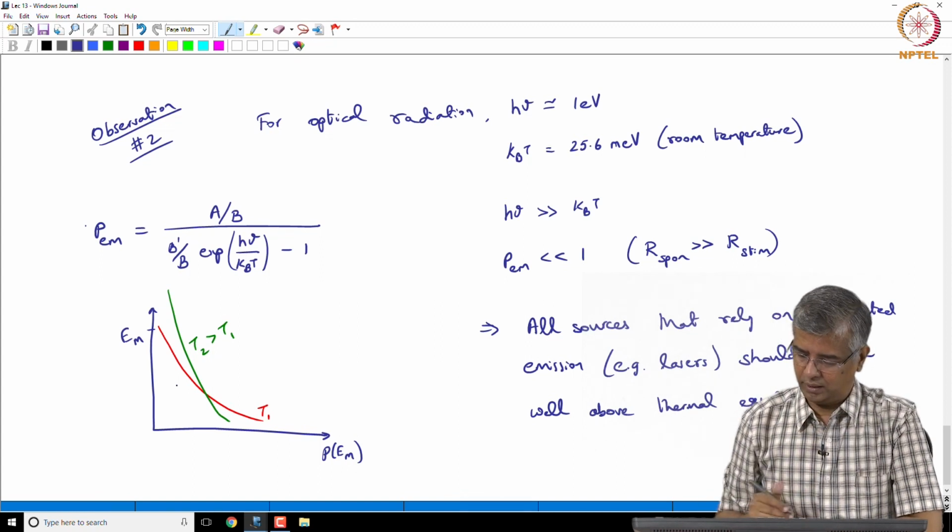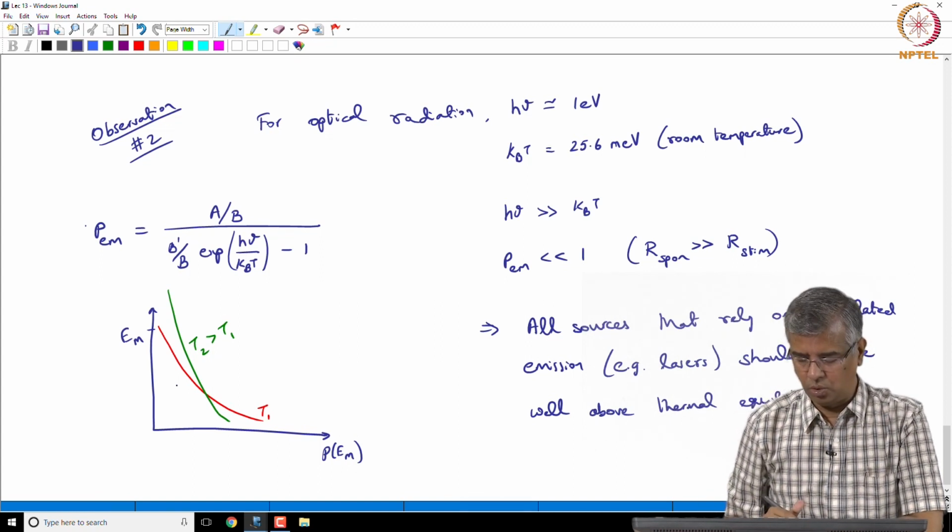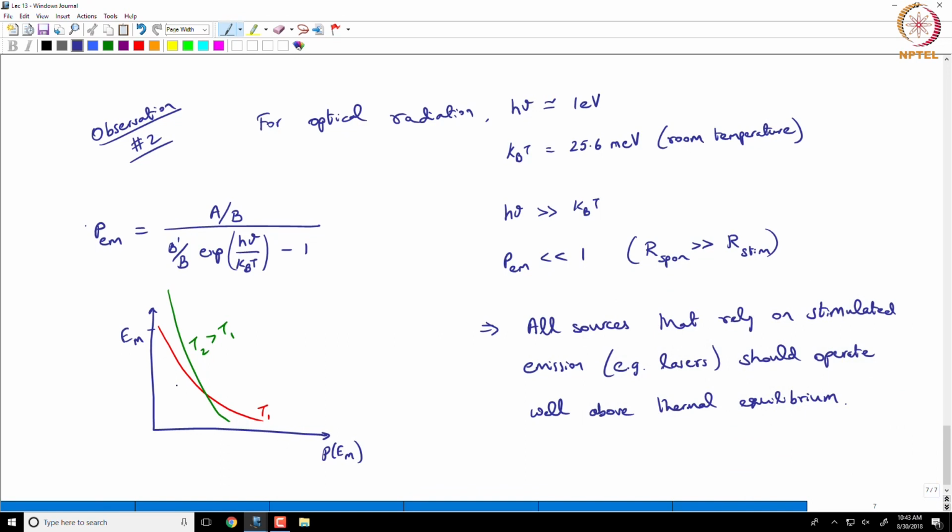And so, if we need to make N2 greater than N1, you need to be well above this thermal equilibrium condition. You need to break free of this thermal equilibrium condition. So essentially what am I talking about? We need to bring in some other energy into the equation.